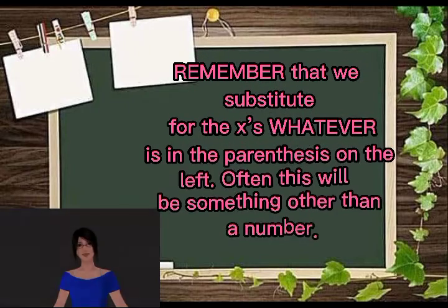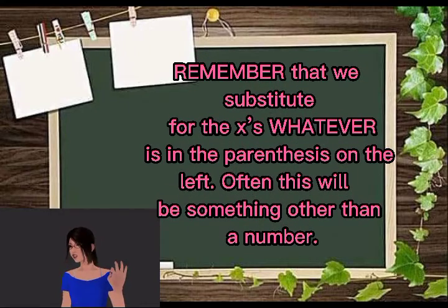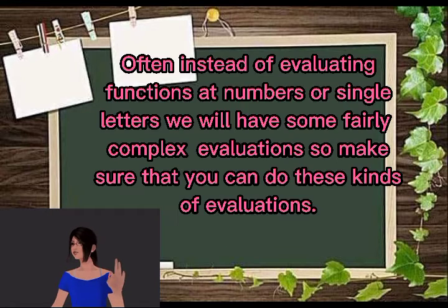Remember that we substitute for the x whatever is in the parentheses on the left. Often, instead of evaluating functions at numbers or single letters, we will have some fairly complex evaluations, so make sure that you can do these kinds of evaluations.